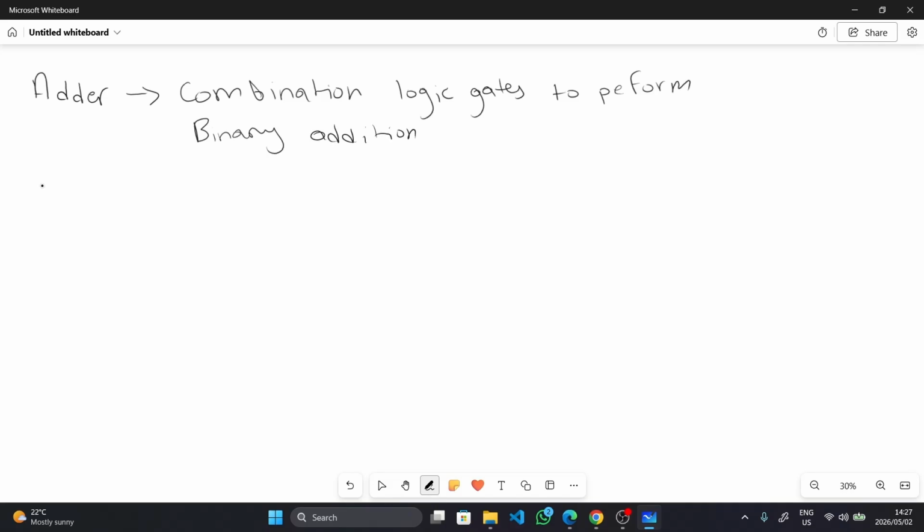And I think there are two types of adders. One is a half adder, and the other one is a full adder. So let us start with the half adder.